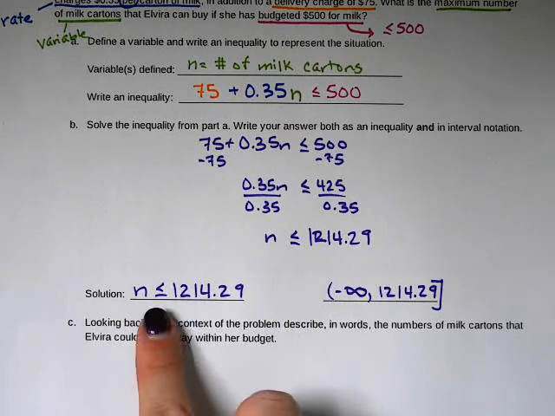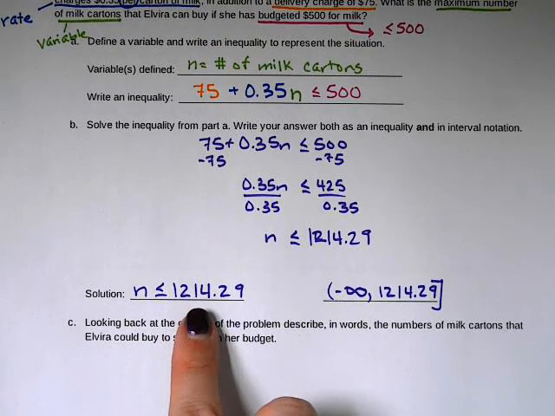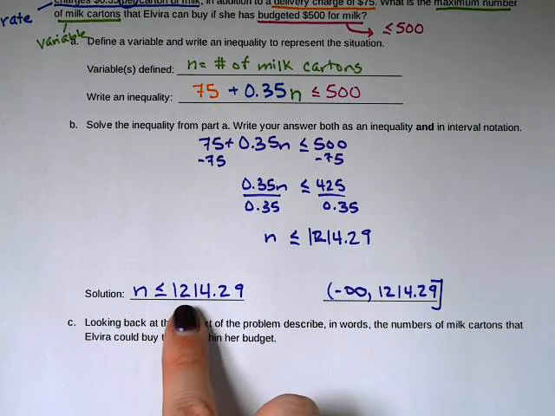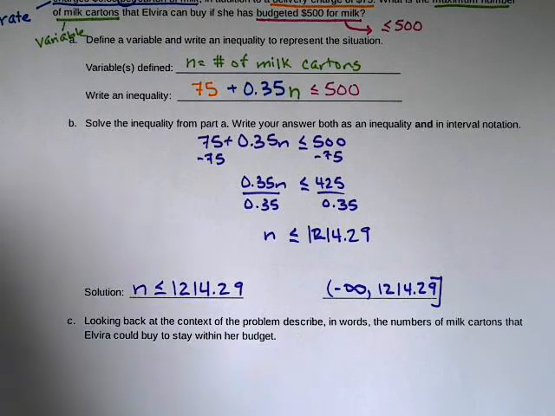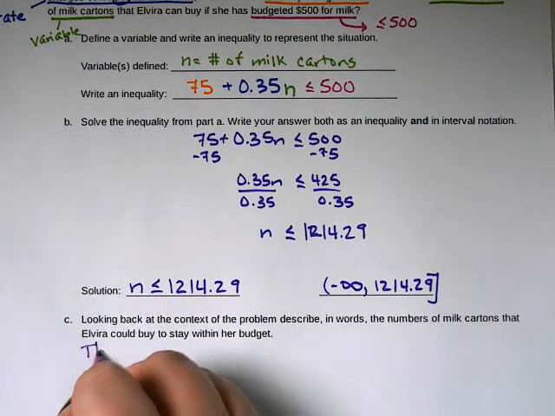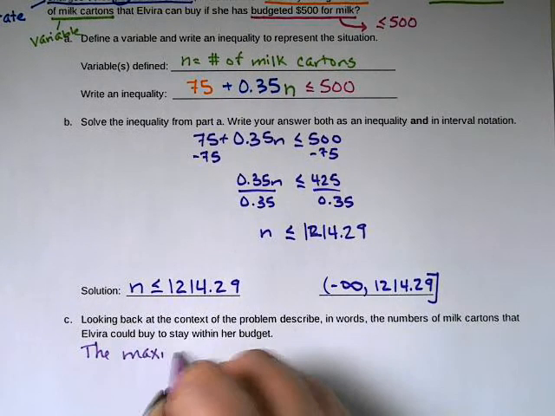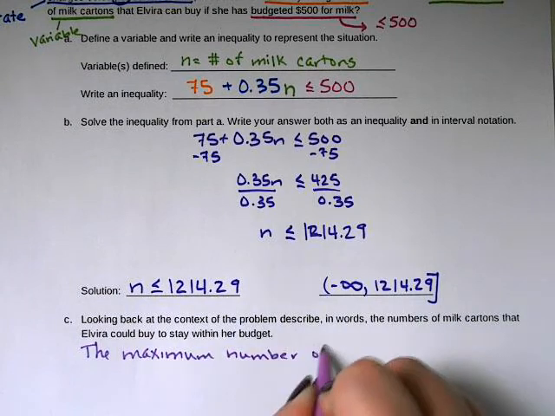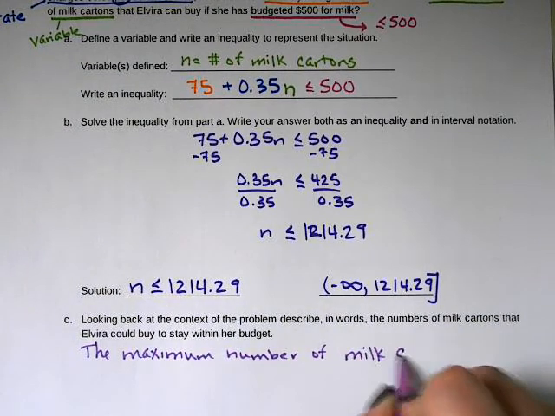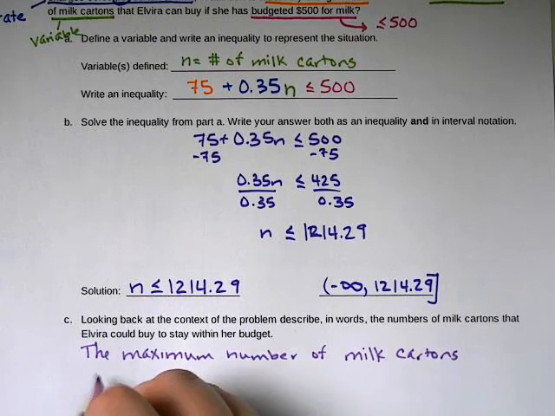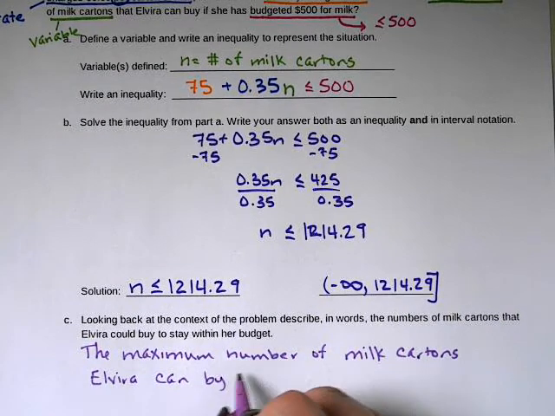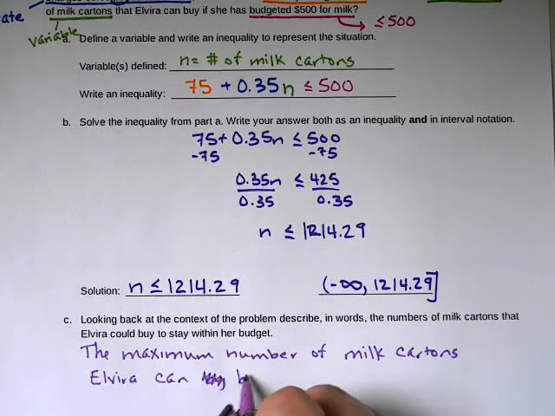So if we want n to be less than or equal to 1,214.29, well, we can't have 0.29 of a milk carton anyway. So we're definitely just at 1,214. So the maximum number of milk cartons Elvira can buy, oops, spelled buy wrong.